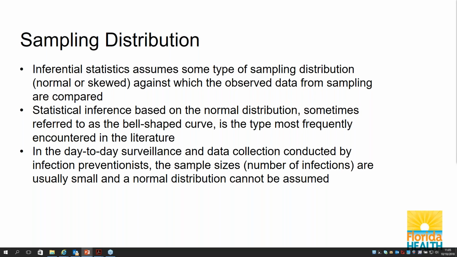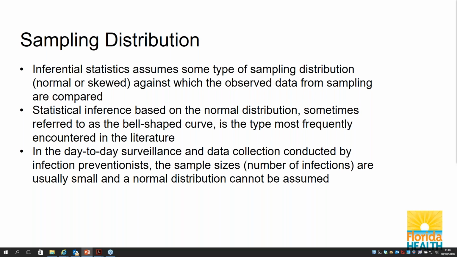In the day-to-day surveillance and data collection conducted by infection preventionists, the sample sizes or number of infections are usually small and a normal distribution cannot be assumed, right? Once your sample size is getting larger and larger, the closer you're going to get to a normal distribution.